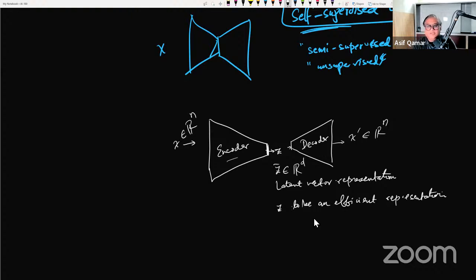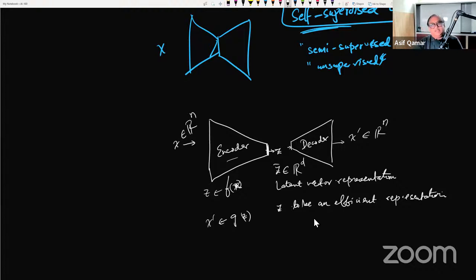Somehow you want the encoder function f(x), which produces Z, to be so good that it manages to compress all the information that X has into a much smaller vector Z, right? And then, of course, comes the decoder part, where X prime is equal to the decoding of this vector, back to the original dimensional space.